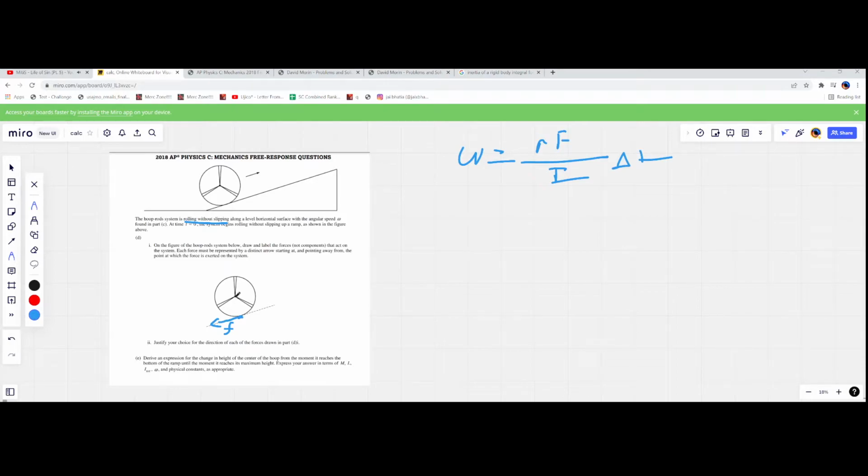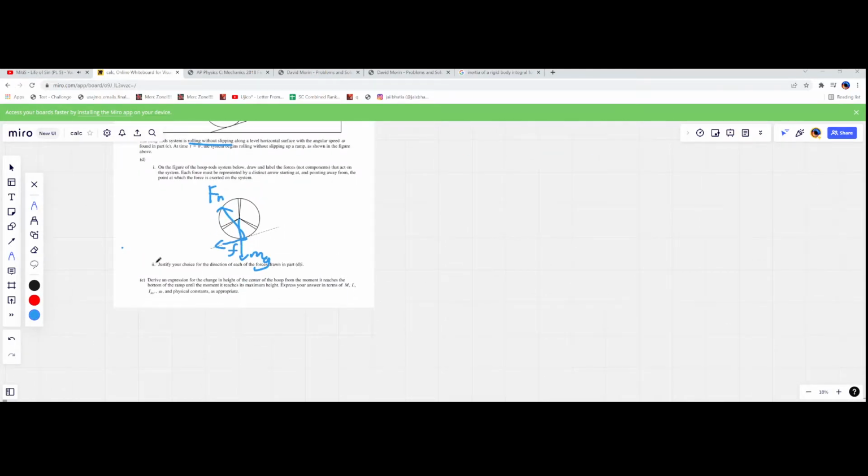Then there is mg straight down. And then there is Fn straight up. I mean, not straight up, it's perpendicular to the slope. Justify your choice of direction? Mg always points straight down. Friction just goes in the opposite direction of motion, and then Fn goes perpendicular to the surface.